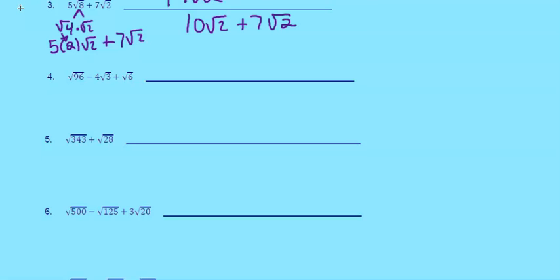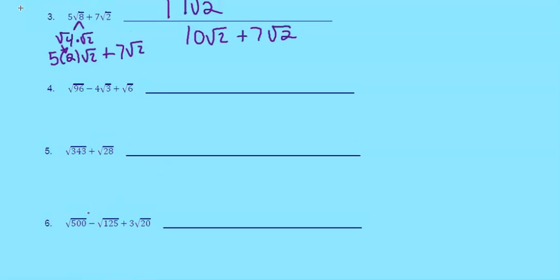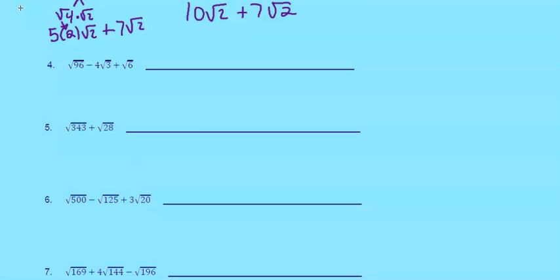Let's do another one. Let's do number 6. The square root of 500. Well, we also know that the square root of 100 is 10. And that actually is 2 perfect squares together that we have on our previous page.